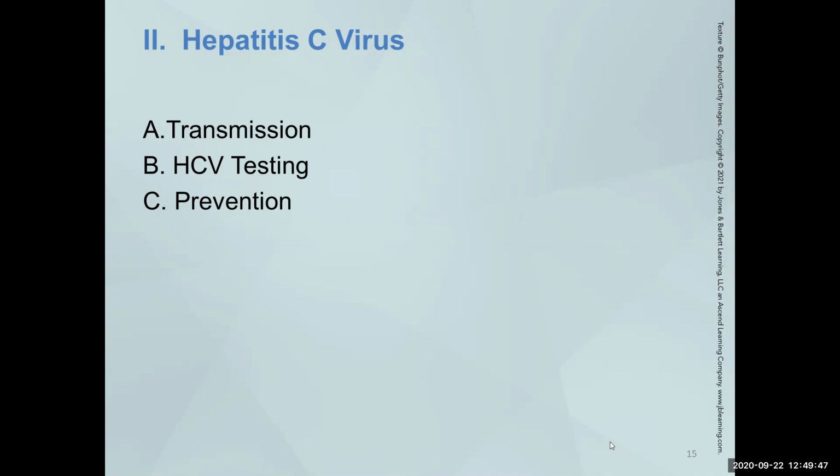Transmission rarely occurs from mucous membrane exposures. Environmental contamination with blood containing hepatitis C really isn't a significant risk factor, but sexual partners with hepatitis C is a significant risk factor.